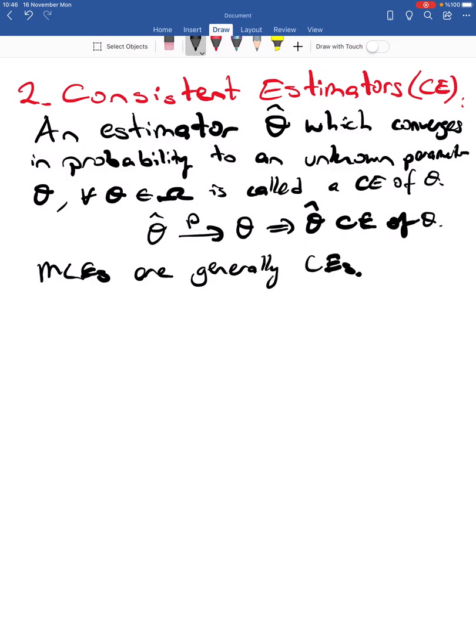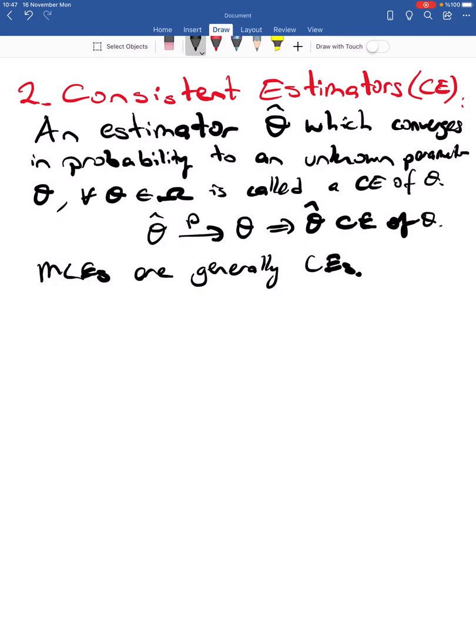Okay, so basically in the convergence in probability case we are using Chebyshev's inequality, if you remember. We are looking at the probability that the difference theta hat minus theta in absolute value is less than the variance of theta hat over n epsilon square.